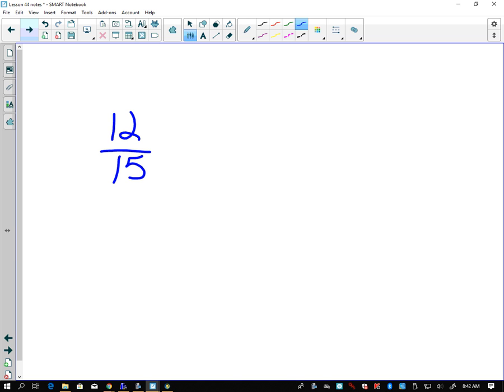All you really need to do is just reduce that fraction, right? Both those numbers will divide by what? 3. What's 12 divided by 3? 4. What's 15 divided by 3? 5. So it's 4 to 5 is the ratio, 4/5 or 4 to 5. They also write it up like this.